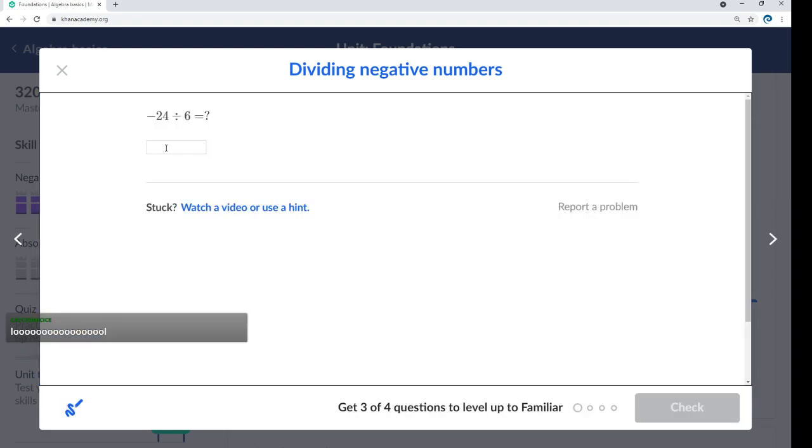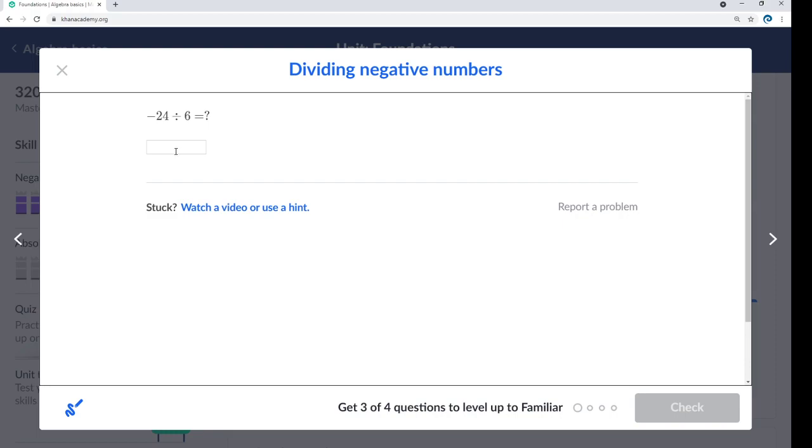Oh god, 24 divided by 6. Okay. Well, what's 6? 6 plus 6 is 12, right? So that's basically the same as, it's like the ratio is like 1/4, right?